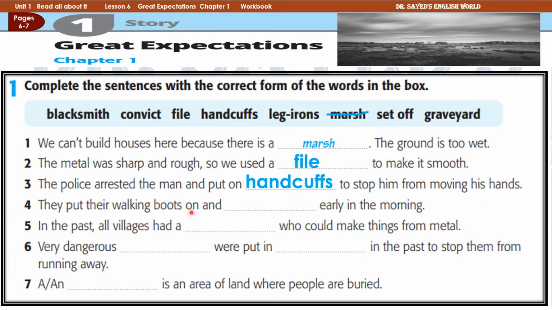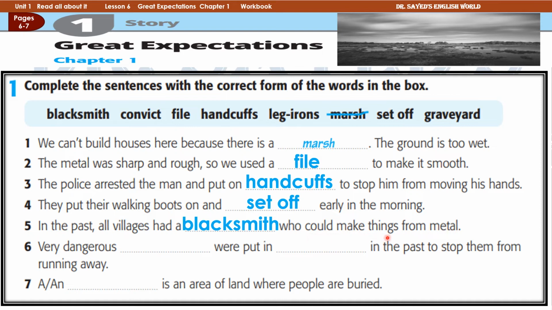They put their walking boots on and set off early in the morning. In the past, all villages had a blacksmith who could make things from metal.